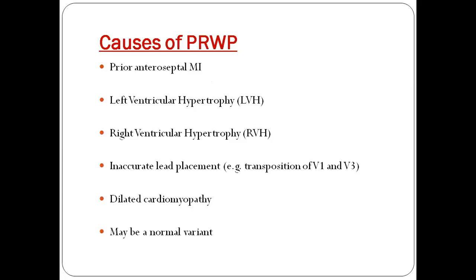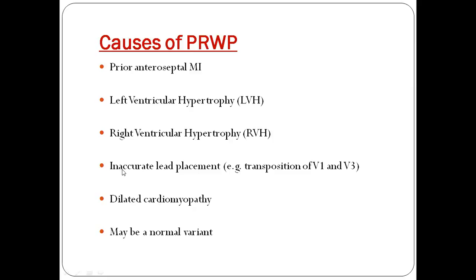What are the causes of poor R wave progression? We have prior anteroseptal MI. If anyone has a prior MI, you may have poor R wave progression. Left ventricular hypertrophy and right ventricular hypertrophy, because they change the size of the heart towards the right and left side, due to which the conduction pathway and the current voltages differ, and that's why there could be poor R wave progression.